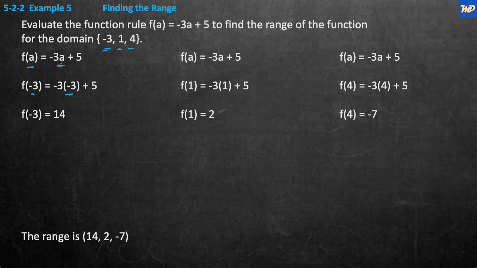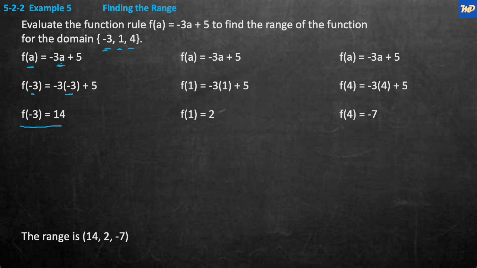I put the parentheses around it just so you know that that is your a value, the negative 3. It makes it very clear, and mathematically it makes more sense. Then plus 5. So negative 3 times negative 3 is 9, plus 5 is 14. F of negative 3 is 14.